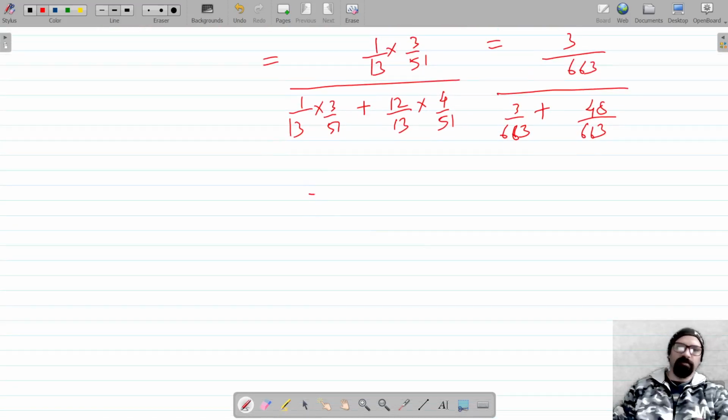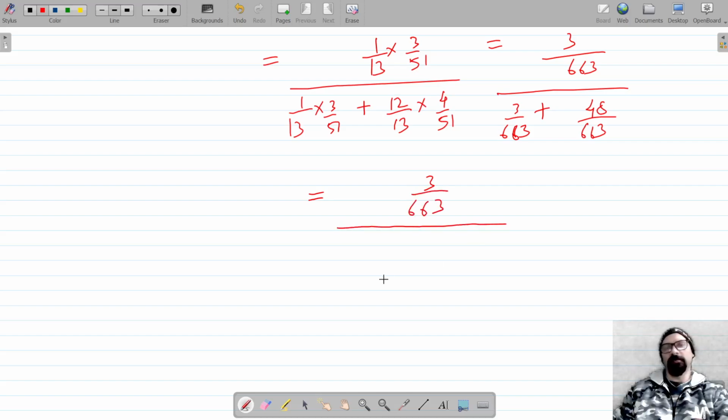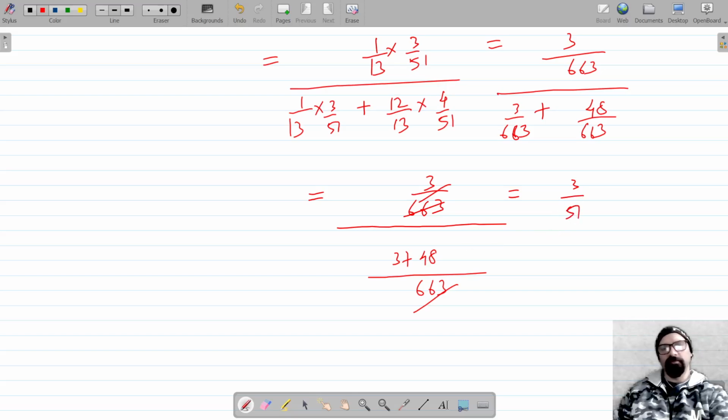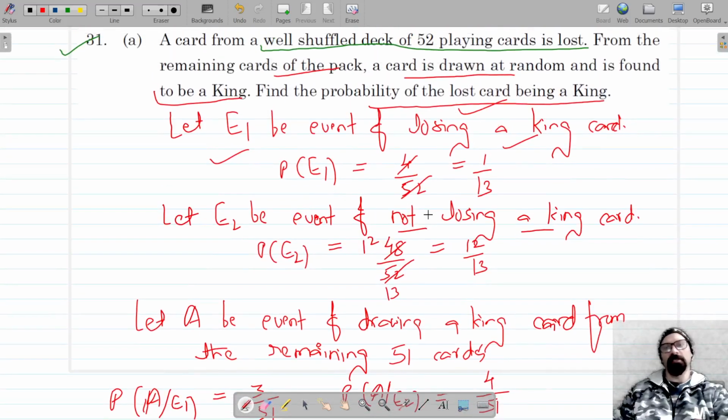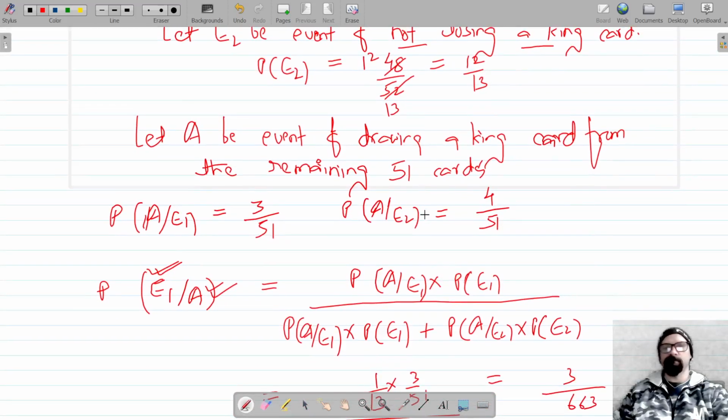Now the LCM is 663, so this is 3 plus 48, and we can cancel the same denominator. So this is 3 upon 3 plus 48, which is 51, and this is 3 upon 51, which will finally give the answer as 1 by 17. So the required probability is 1 by 17, the probability of the lost card being a king.